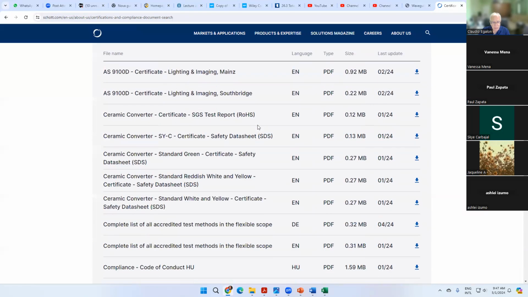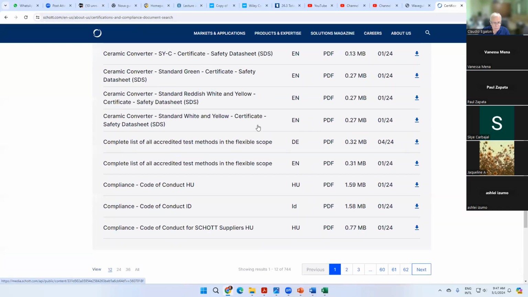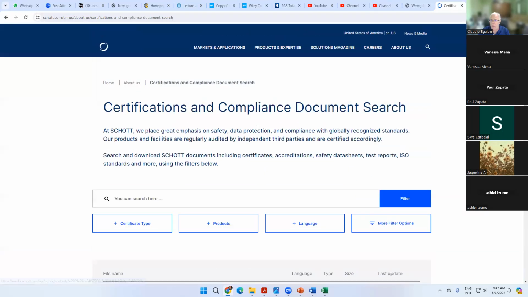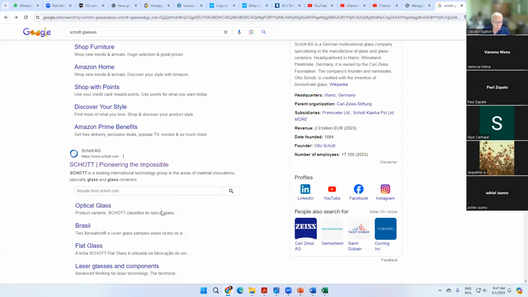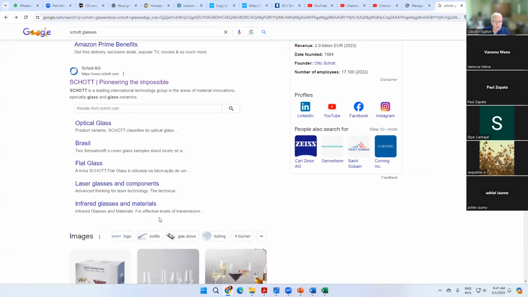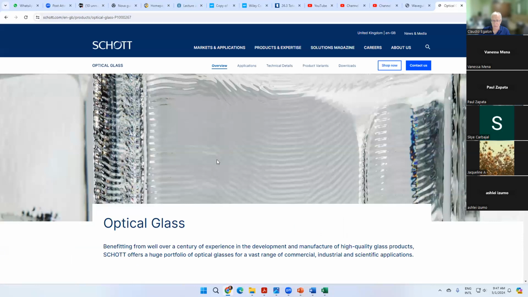Product certificate. Okay, optical property. I cannot find it on the Schott website, but they do have a catalog. It's optical glass. Let's see, products, variant, optical glass. Overview, applications, technical details.